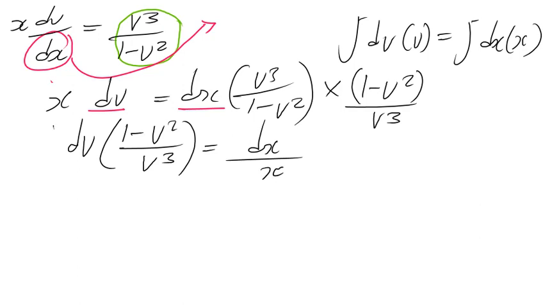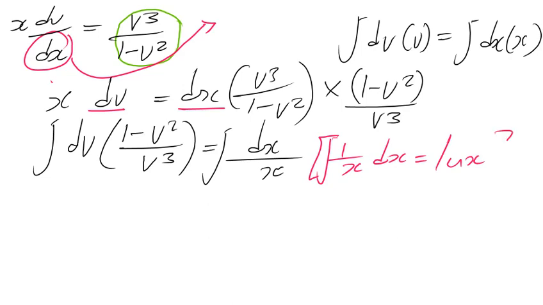Then from here you introduce the integral sign on both sides. So remember, the integration of 1 over x dx, you're going to get ln x. So the right hand side will be equal to ln x.